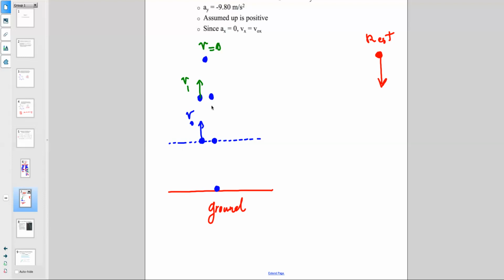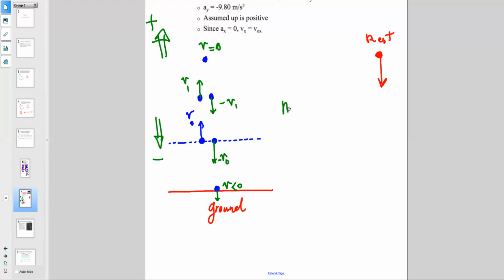At this returning point, it has the same speed as v1, but it is negative v1 because we have positive being up and negative being down. At this point, it has the same v0 velocity, but negative because it is downward. And at this point, it hits the ground with some velocity. Remember, the meaning of negative velocity is that it is in the negative direction.